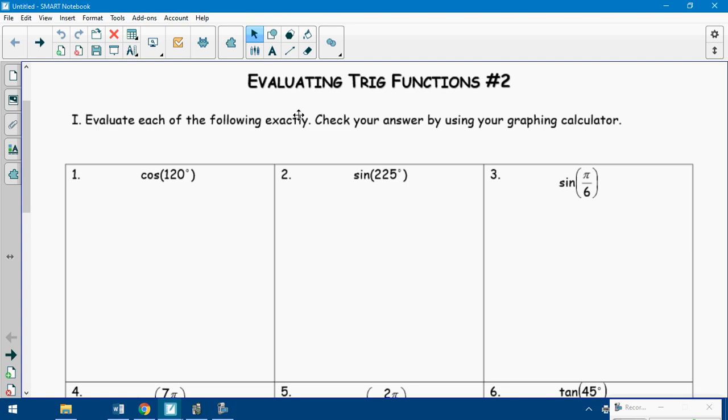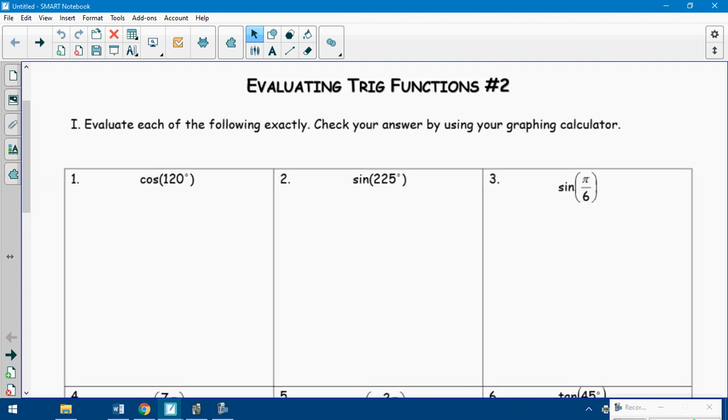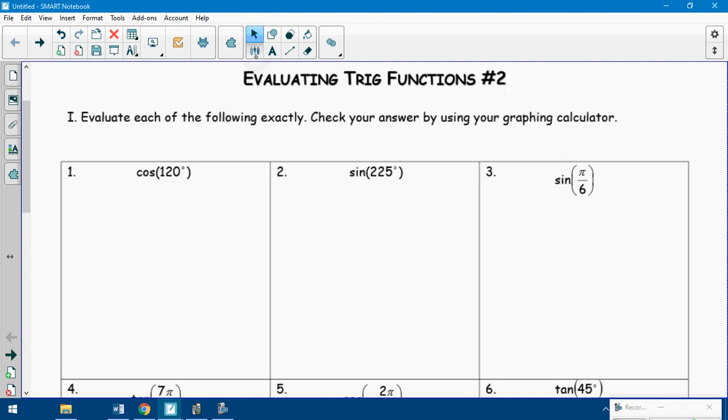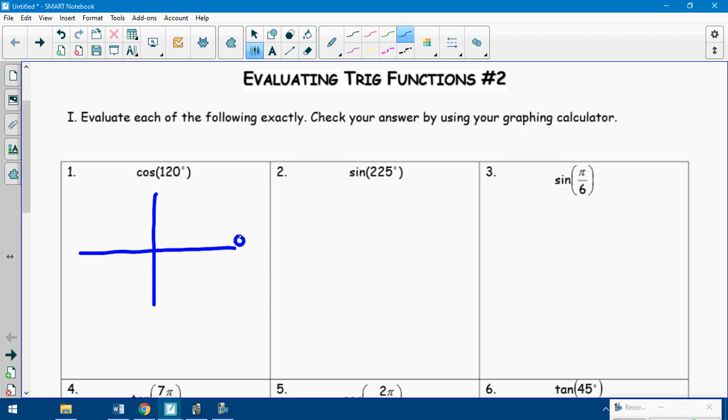So evaluate each of the following exactly, show your answer by using your graphing calculator. So the work I show for number 1 is what I'm expecting to see for everything. Cosine of 120. Start by drawing it out. So I still want to see 0, 90, 180, 270, and 360.